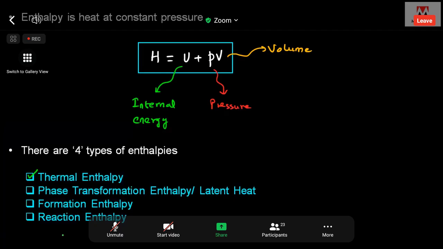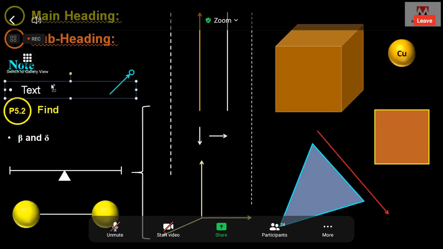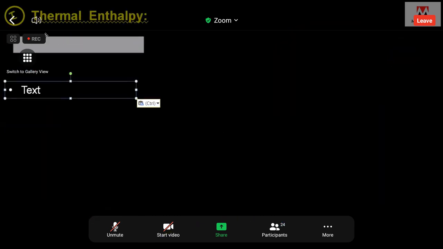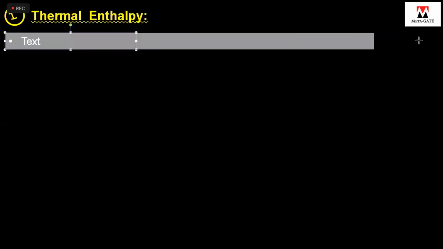So, thermal enthalpy. All of you know this, you have been studying it since your childhood. Please write: thermal enthalpy.